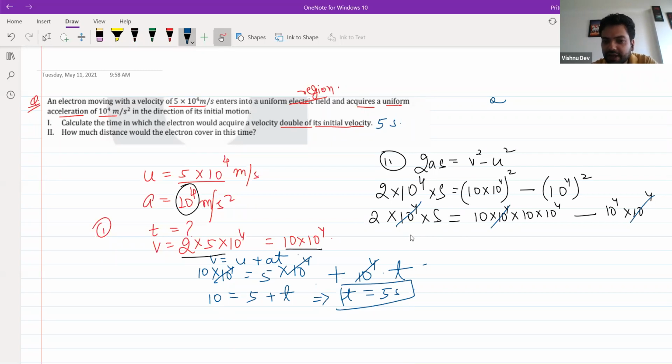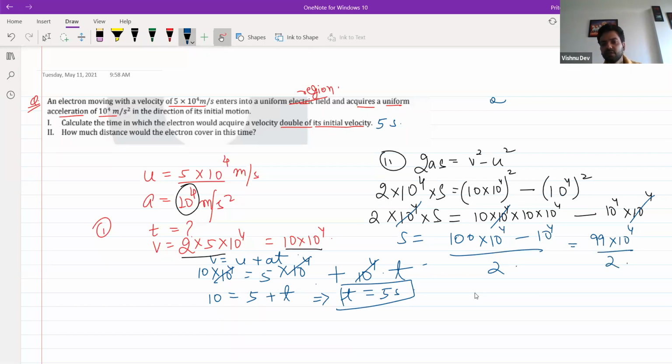So we will get S as 100 into 10 to power 4 minus 10 to power 4 by 2. So you all can see why I'm moving ahead in terms of 10 to power 4, because it becomes very easy to subtract here. That's why I'm not combining and writing it as 10 to power 6 or anywhere. Okay, so this will be 99 into 10 to power 4 by 2.